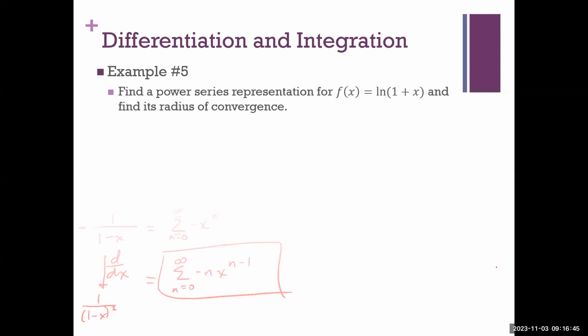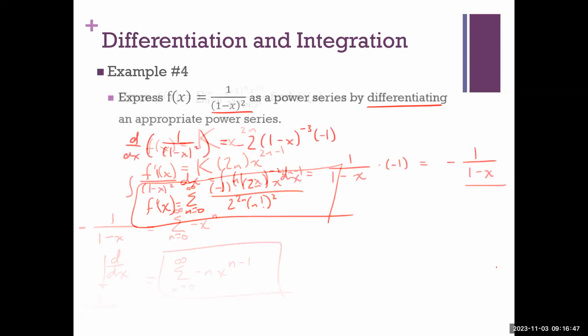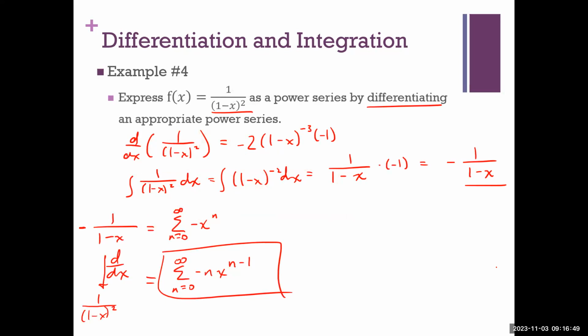So with different examples, we've gone both directions here. The one we ended on last time, I wanted to get a power series for 1 over 1 minus x squared. And we did that through the derivative of 1 over 1 minus x, right?